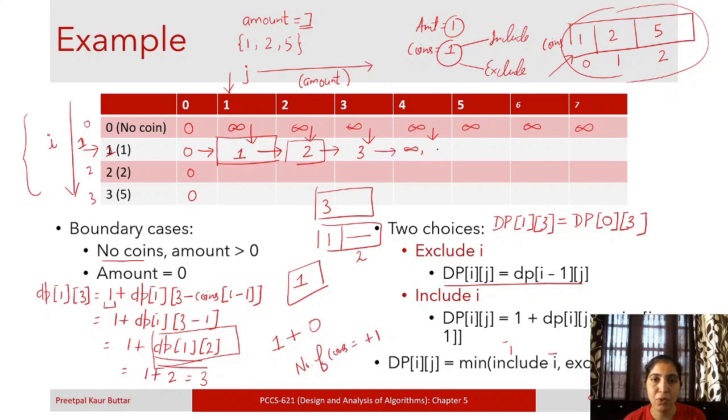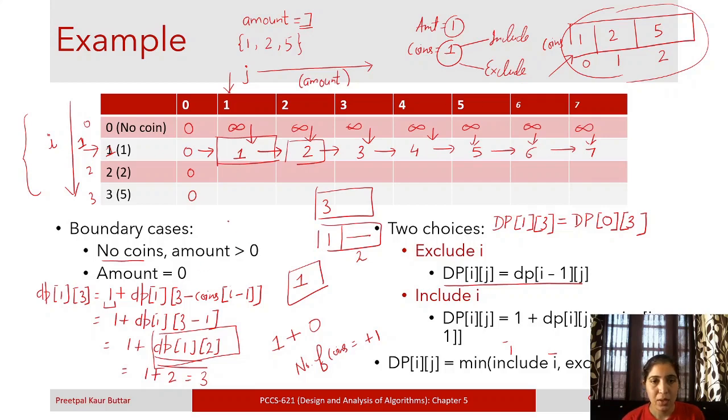So a total of 4 coins will be required, and out of infinity and 4 you will pick 4. Similarly, here the answer will be 5, here the answer will be 6, and here the answer will be 7. So now we have solved this row, right? Using the 1 rupee coin, we found the minimum number of coins needed to make all these values.